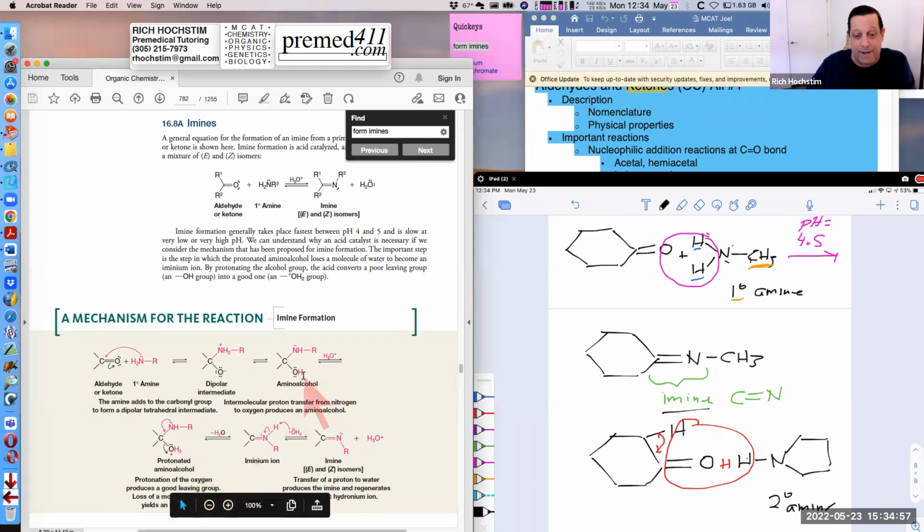So what's happened is we now have water, which is our leaving group. And then this lone pair here drops down. That's going to form the iminium. And then we remove this hydrogen. And when we remove this hydrogen, it neutralizes the nitrogen. And that gives us the imine.